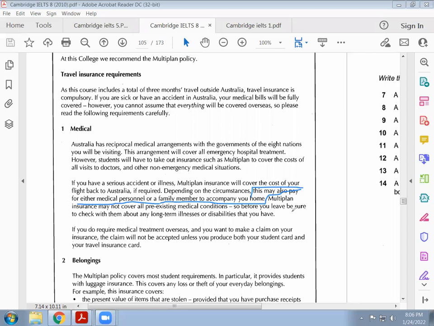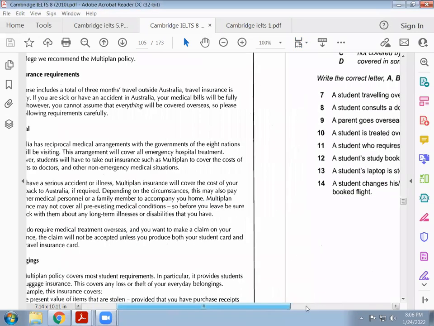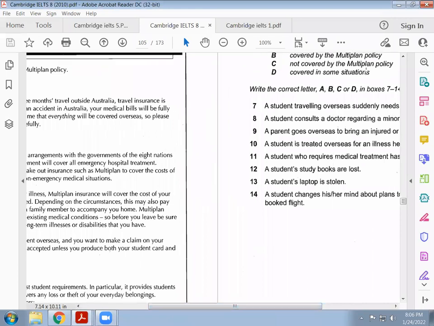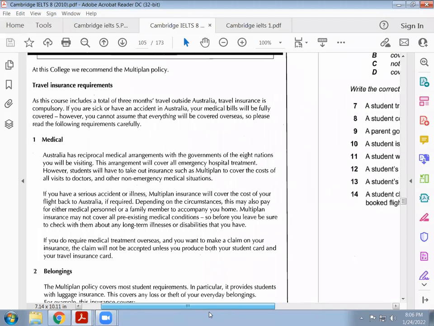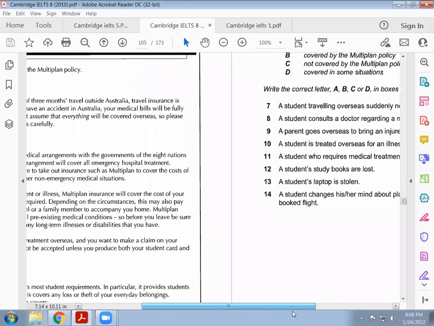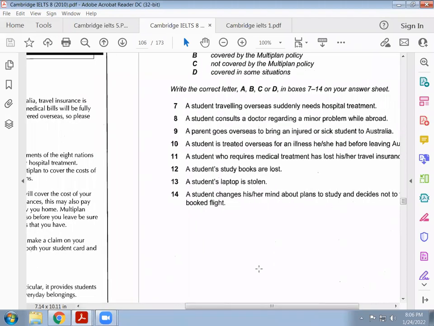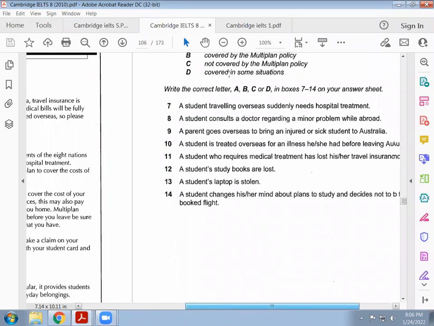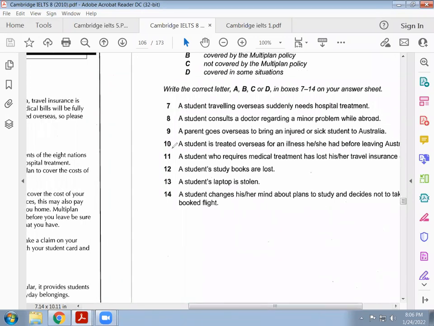It depends on some situation. See, covered in some situations. So depending on circumstances, this may also pay. So our answer number 10 will be D.